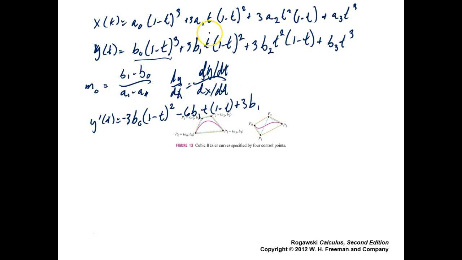Derivative of t was just 1 times 1 minus t squared. Okay? That's the product rule. Remember that? Okay. You could just pull out the 3b and then just do the product of those two. And the first one is t times the derivative of that, which would be your minus 2 times 1 minus t.